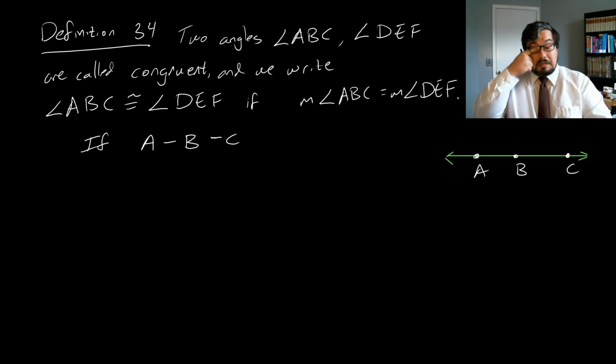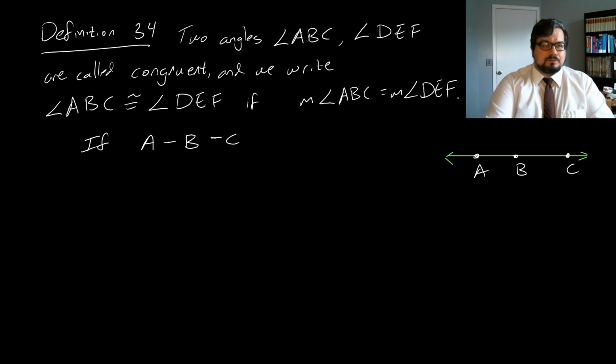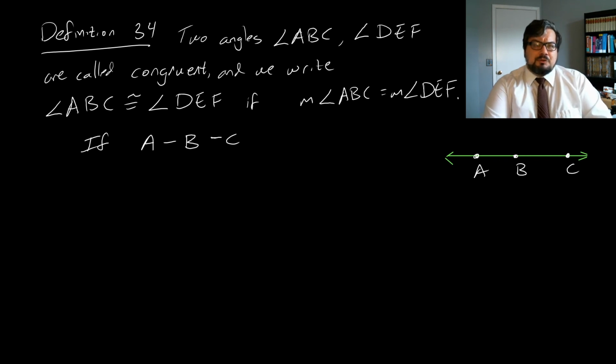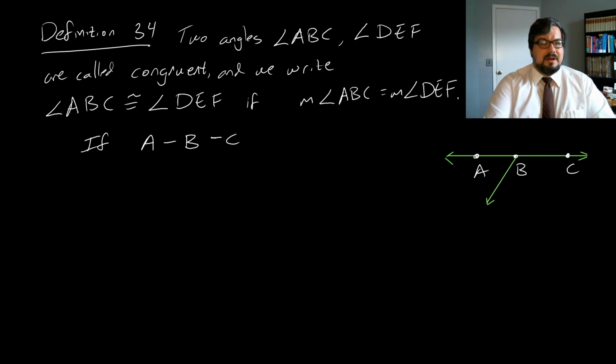Well, then we don't consider this to be an angle, because remember, for an angle we needed two rays that were not collinear, that didn't lie on the same line. However, from trigonometry, we know that we would want the measure of a straight angle to be 180. And so it's going to be useful for us to talk about this. And the way we're going to do that is by defining supplementary angles.